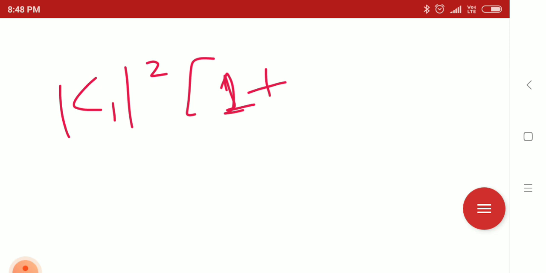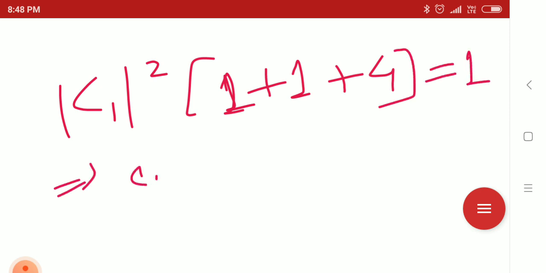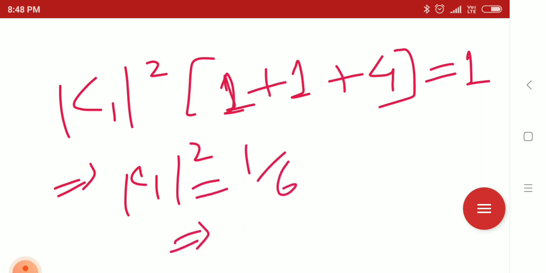Similarly, e to the power minus 2 iota phi times its complex conjugate e to the power plus 2 iota phi gives e to the power 0, that is 1. So plus 1, plus 2 squared, that is 4, equals 1. So mod C1 squared equals 1 by 6, and C1 equals 1 by root 6.